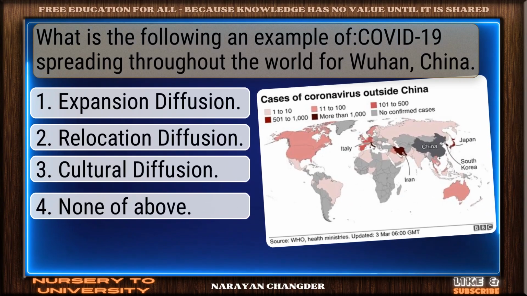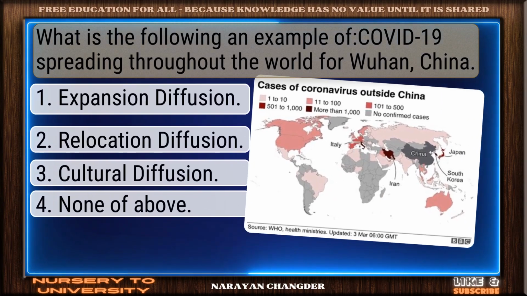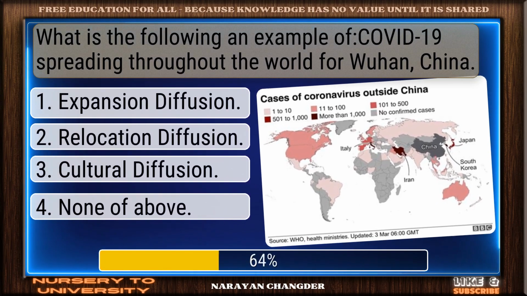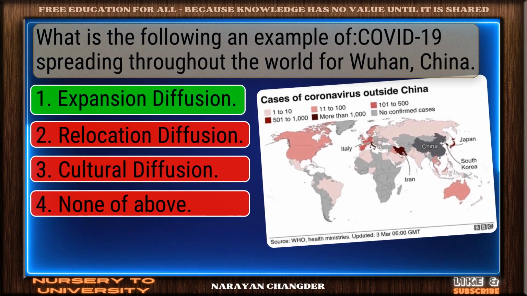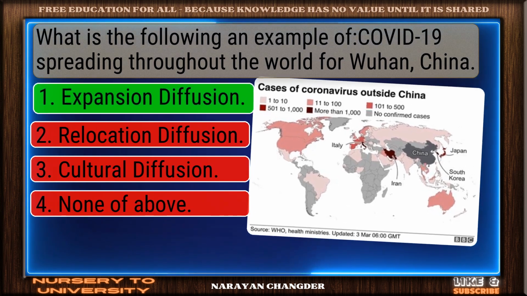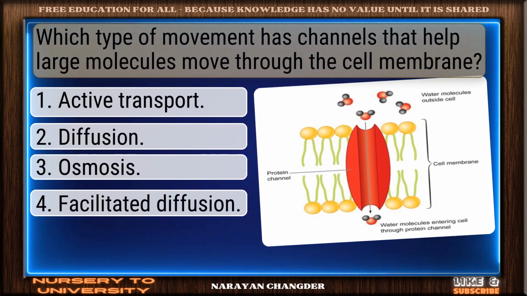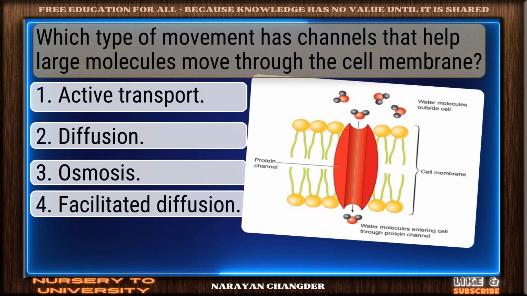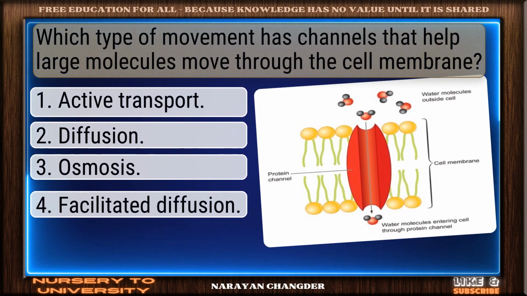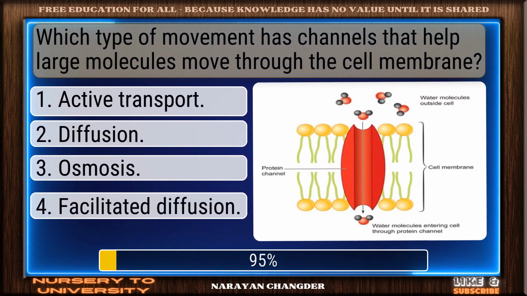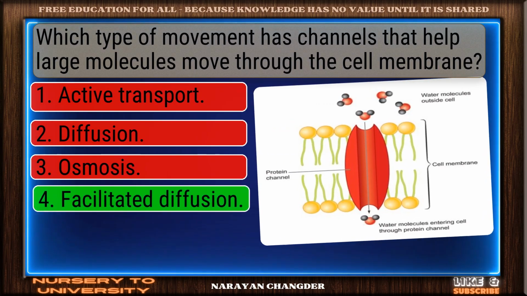What is the following an example of COVID-19 spreading throughout the world from Wuhan, China? Nice work. You chose expansion diffusion, and it is correct. Which type of movement has channels that help large molecules move through the cell membrane? Right choice.